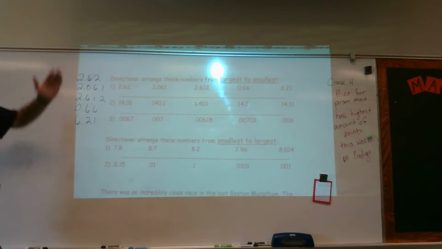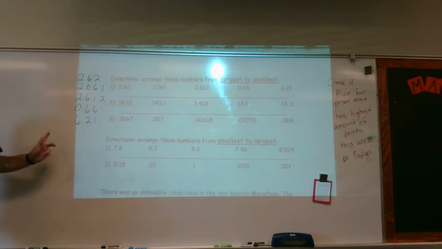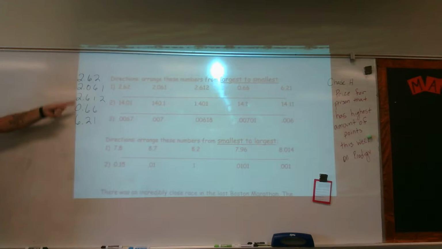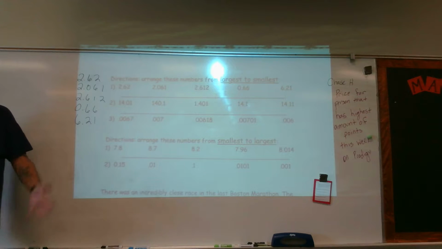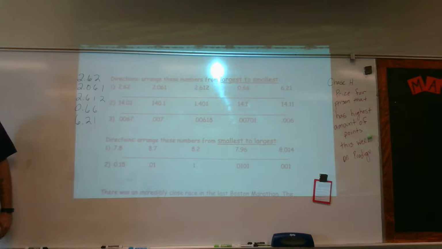So I have written them all down vertically, lining up the decimal points and lining up the place values: the ones, the tenths, the hundredths, and the thousandths. But wait! They don't all go out to the thousandths place.